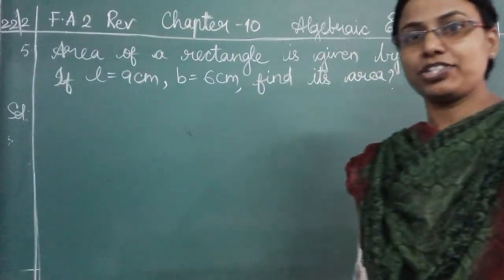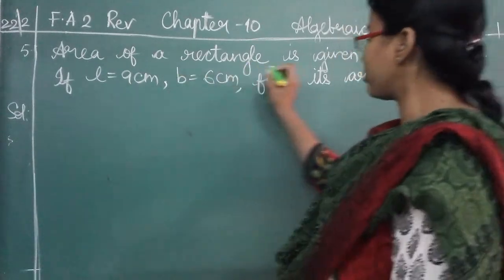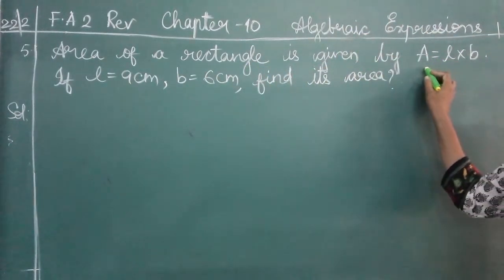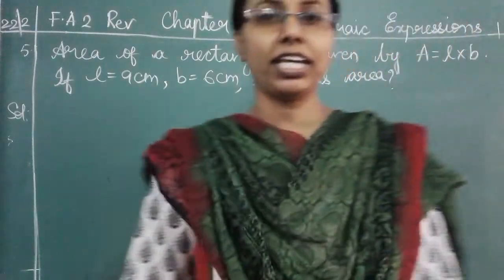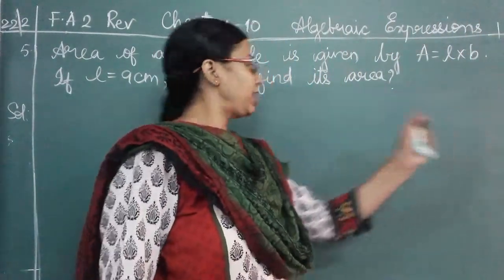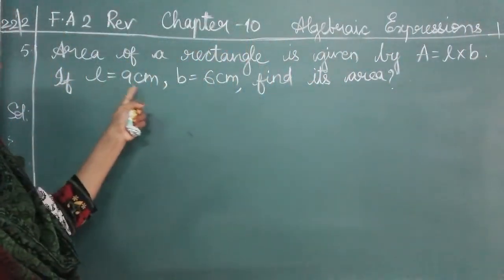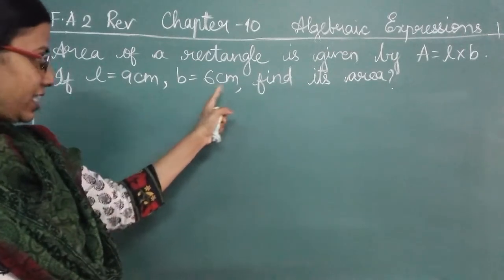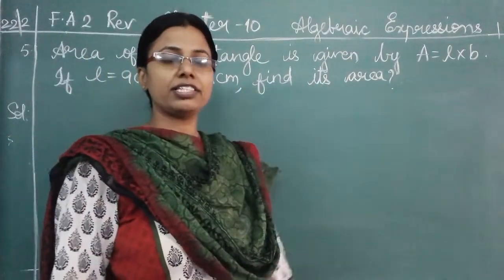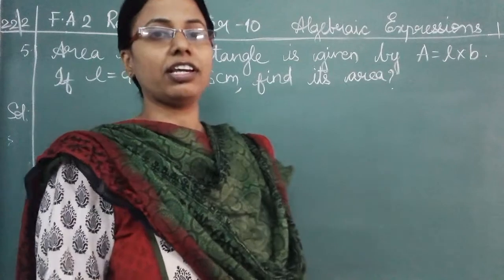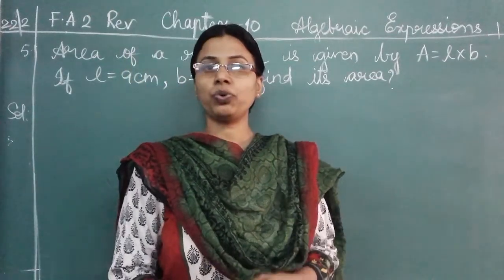Okay children, now let's do the next problem. Area of a rectangle is given by A is equal to L into B. If L is equal to 9 centimeters, B is equal to 6 centimeters, find its area. This is the question given here. So what are we trying to do here?